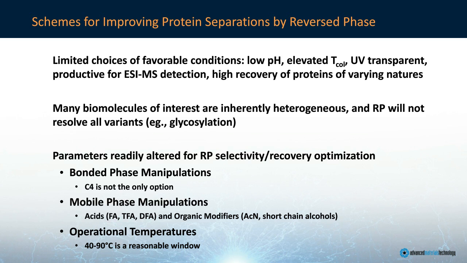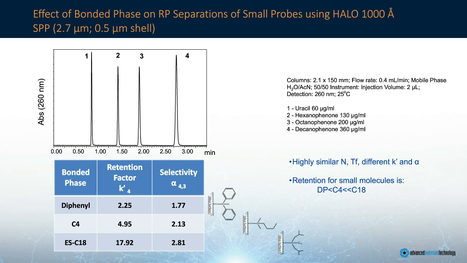Many molecules of interest are inherently heterogeneous, and the reverse phase will not resolve all the variance. So we're going to manipulate and optimize additional parameters other than the particle to obtain optimal separations.